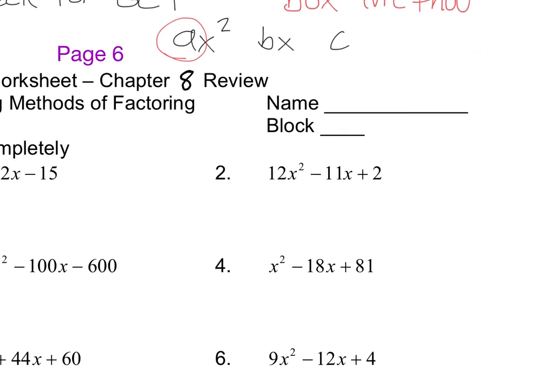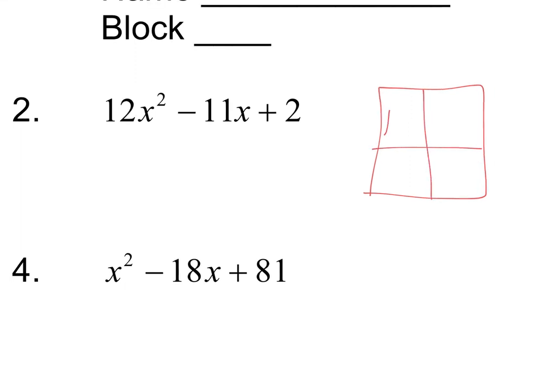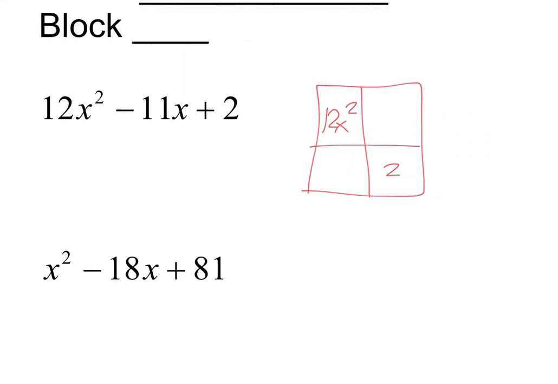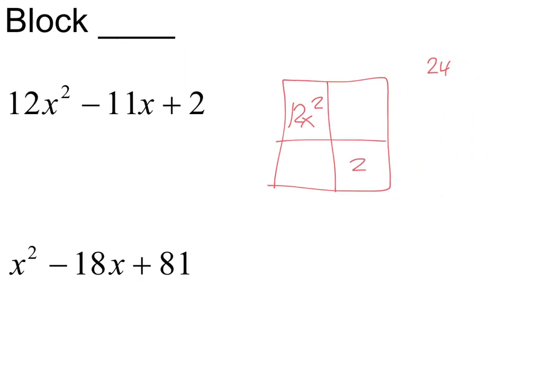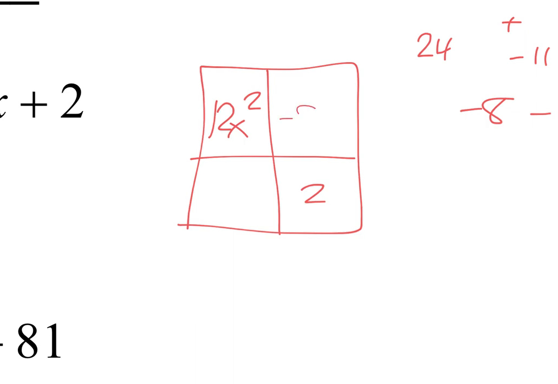So for example, number 2, I look and see, is there a greatest common factor? There is not. So I'm jumping into my box method because I have a 12 out front. So I put my a value, put my c value. I'm looking for numbers that multiply to a times c, that also add to a negative 11. It's negative 8 and negative 3. And I do my greatest common factor.